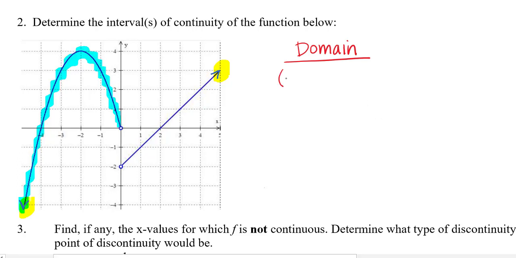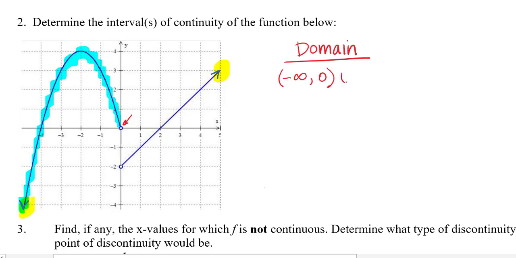So what we would have said prior is the domain goes from negative infinity, and negative infinity is not an actual value, so that'll always have a parenthesis, comma 0, and since that's a hole right there at 0, that is not included, so I will put a parenthesis.